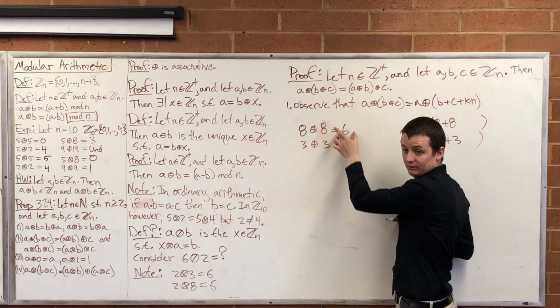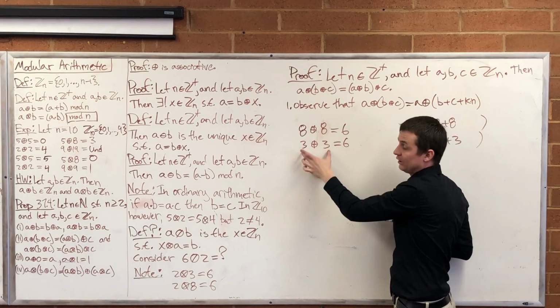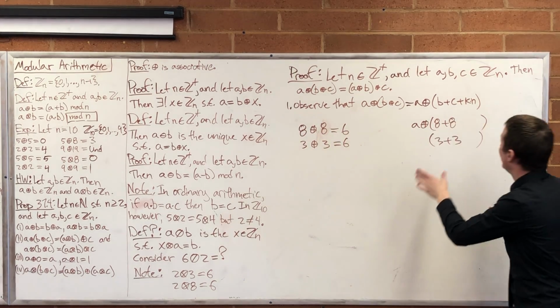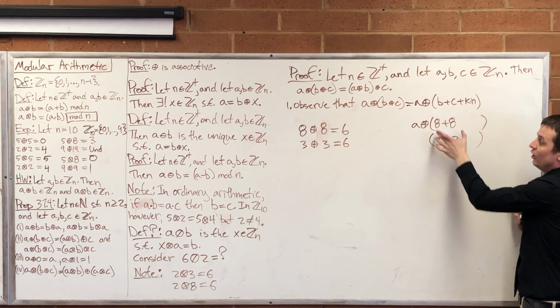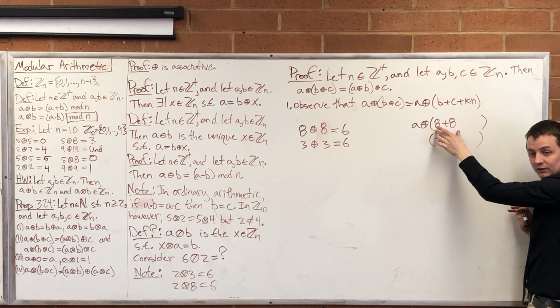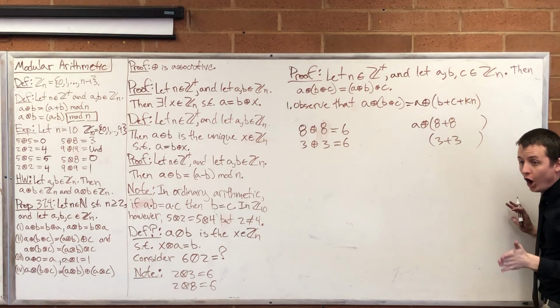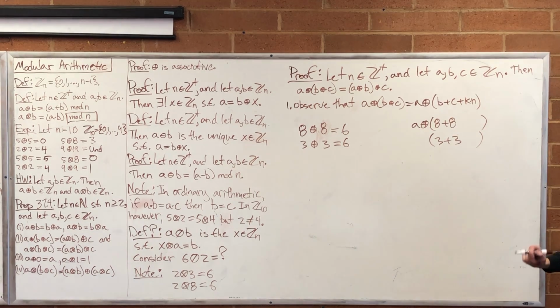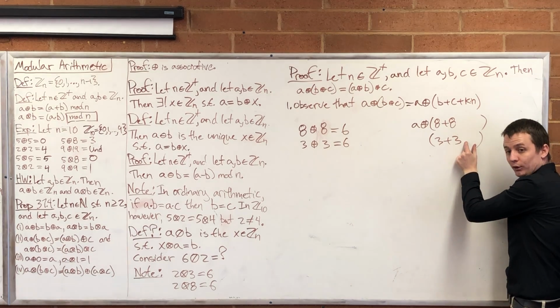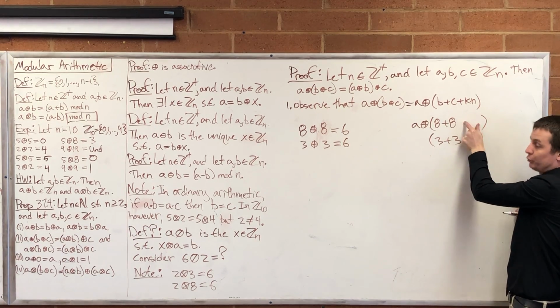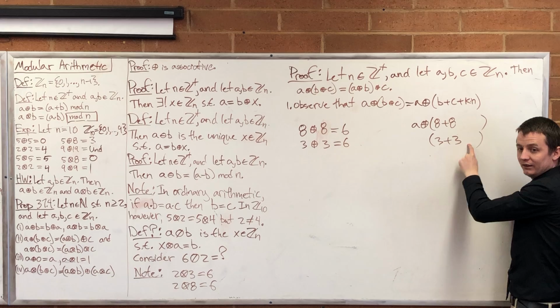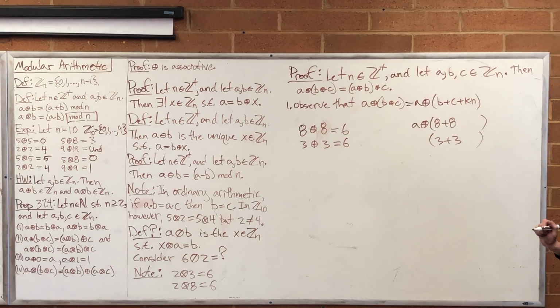They're both just 6. But when we put them over here, notice now they're drastically different things. But they are still the same within some factor of 10. So I can add some multiple of 10 to this to get this, or I can subtract some multiple of 10 from this to get this, and then we get the same thing.